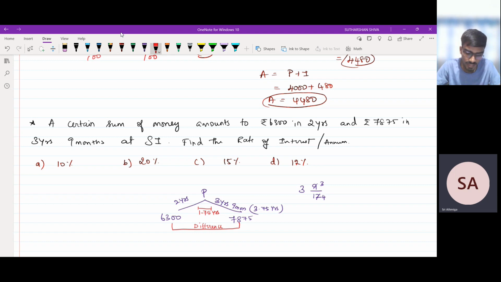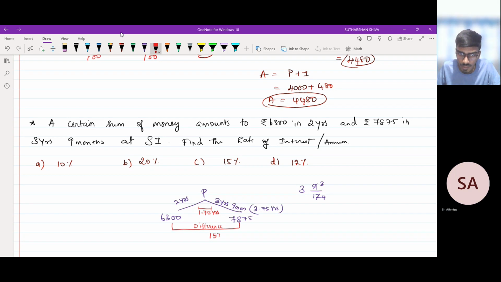Take a calculator and say, what is the difference? 1,575. Very good. 1,575 divided by the number of years, 1.75. What is the value we're getting? 900. 900 is your interest value.